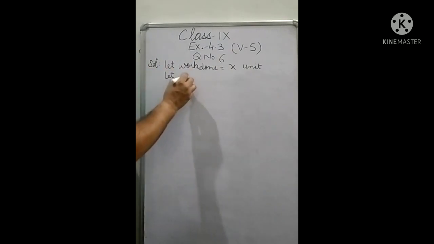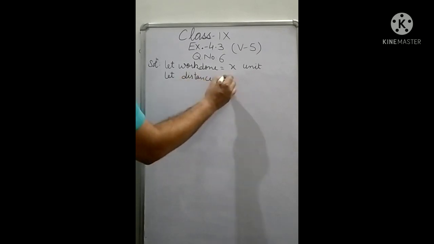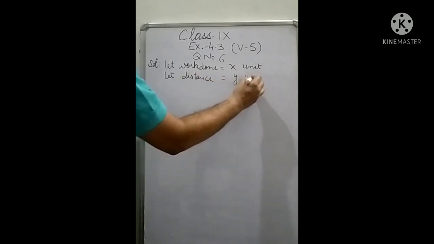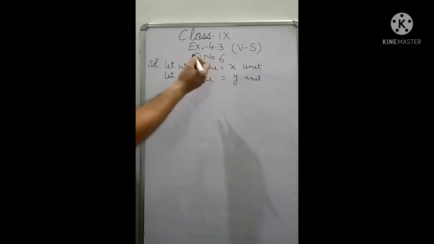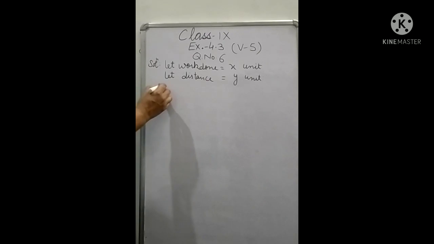Let distance be y unit. So what relation have we been given here? Work done is directly proportional to the distance. So according to the question, we know that work done is directly proportional to the distance, and if we remove the symbol of directly proportional, we use the force, and what force do we have?